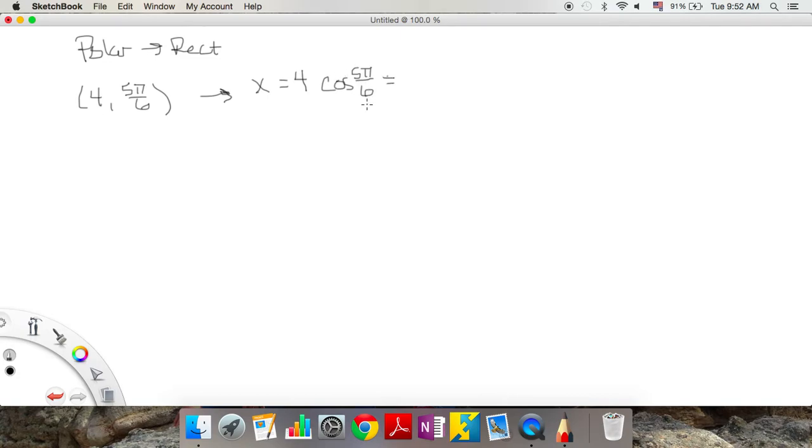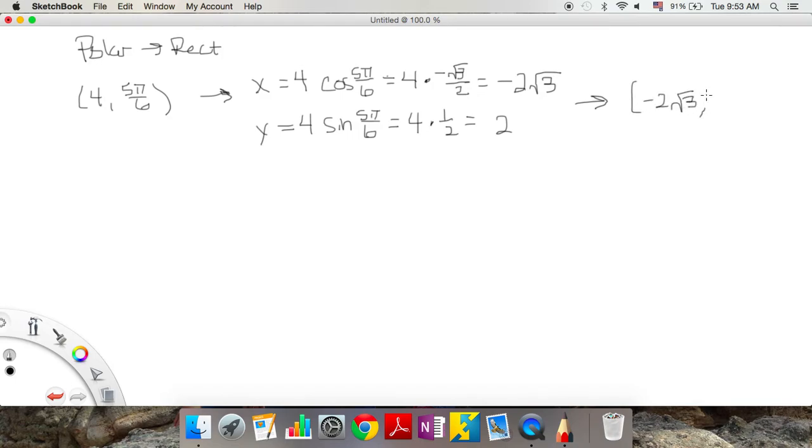We know that the cosine of 5 pi over 6 is a unit circle cosine, so that means it's negative square root of 3 over 2, which you should know because you know your unit circle so well. So that's negative 2 times the square root of 3. And our y is equal to r times the sine of theta. And we know that the sine of 5 pi over 6 is 1/2. So that's 2. So our rectangular coordinates are negative 2 square root of 3, 2.